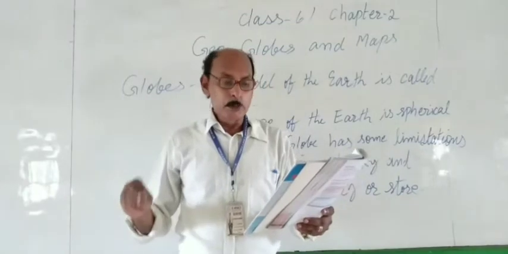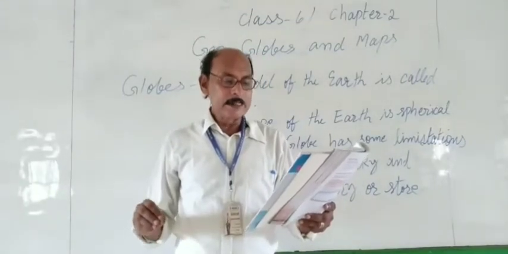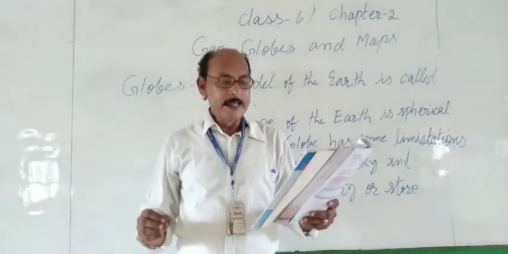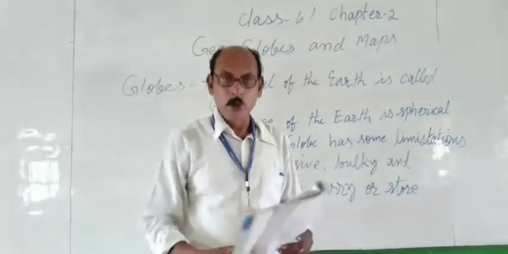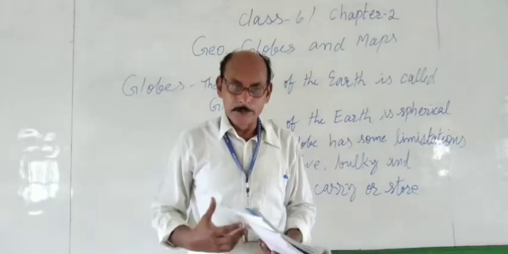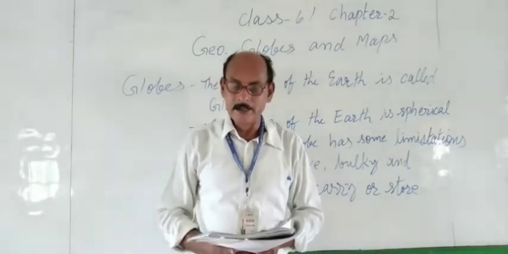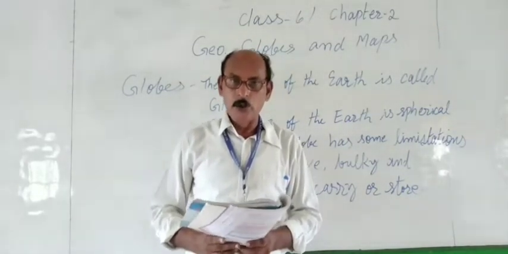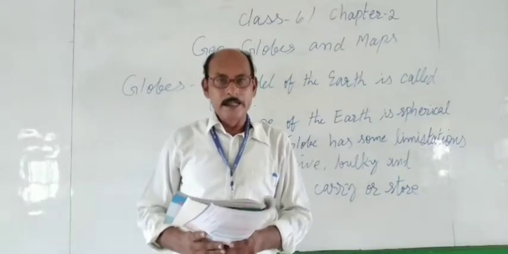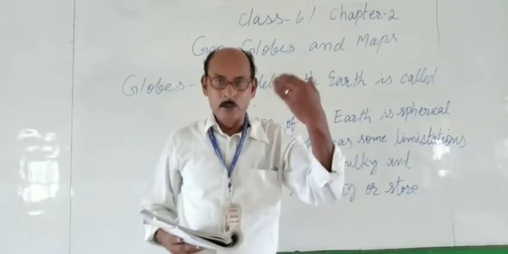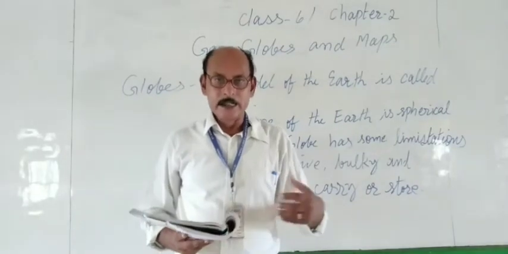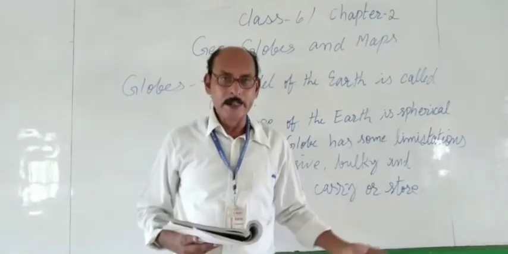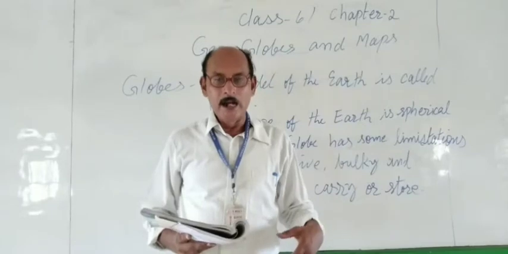Globes are useful in understanding how days and nights are caused. I told you about the tilt of the Earth. Because of that tilt, when there is summer season in the northern hemisphere, in the southern hemisphere there is winter season.